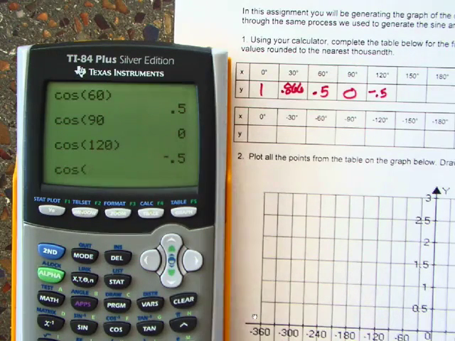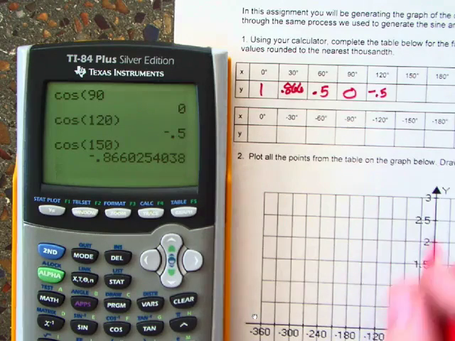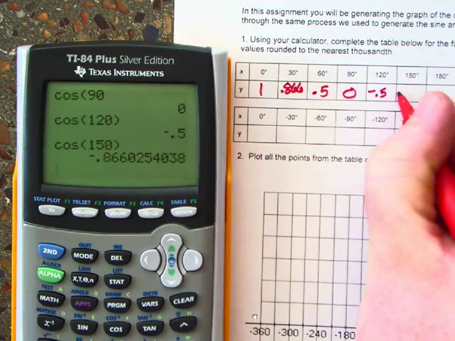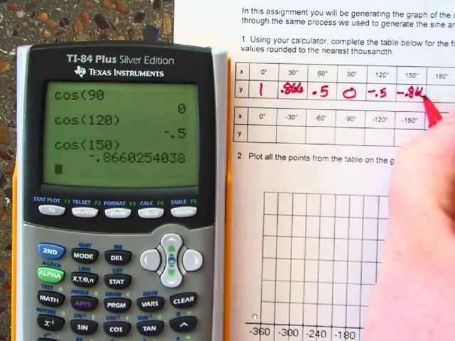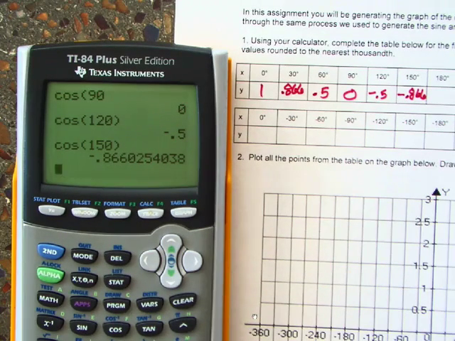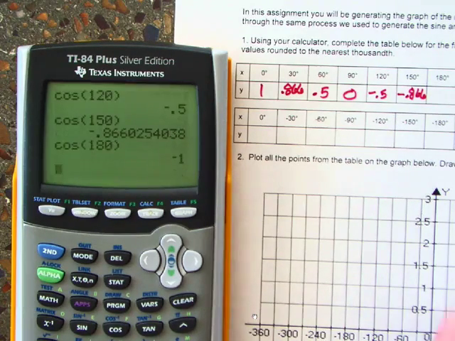Cosine 150, so it's just going up by whatever they gave you, is negative 0.866. And by now you should start seeing a pattern. What do we think the next one might be? Well, 180 degrees. Cosine of 180 is negative 1.